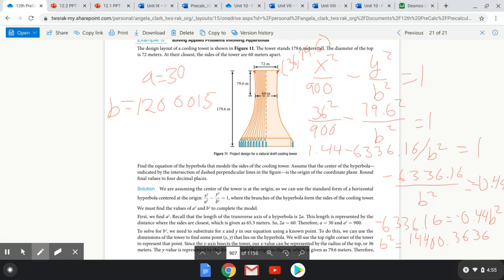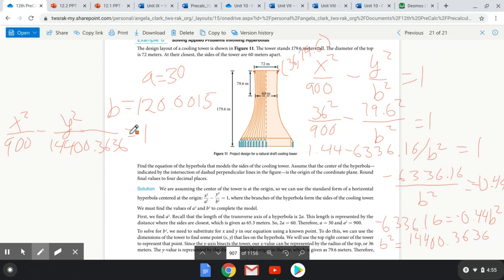So our final answer is x squared over 900 minus y squared over b squared. So it's not 120. It's the 14,400.3636 equals 1. Okay. So that's the answer.